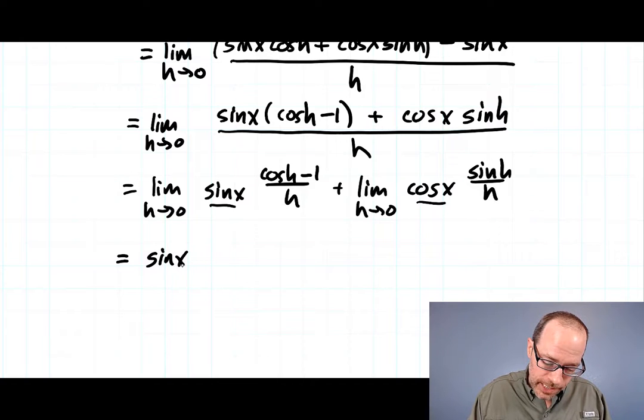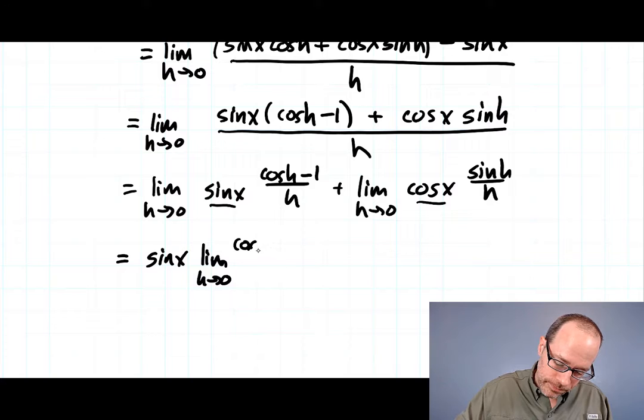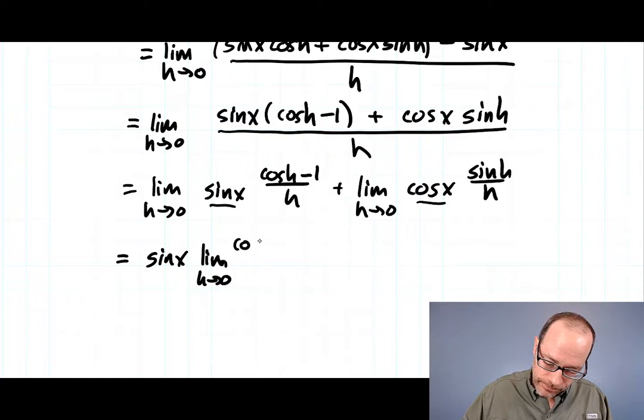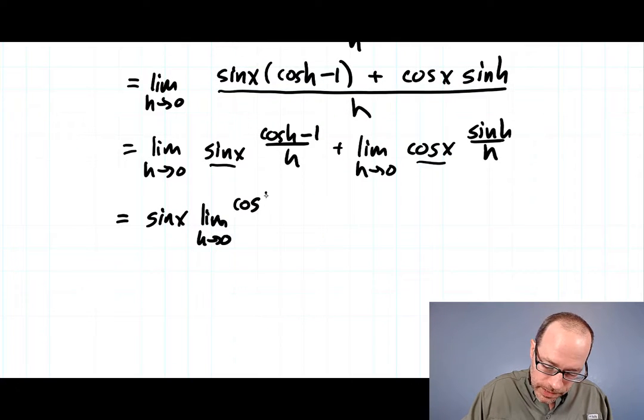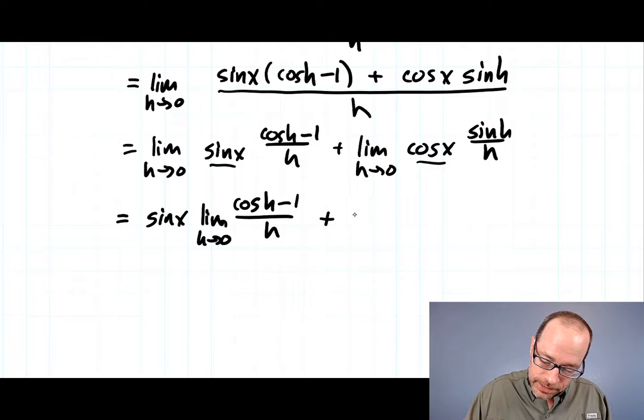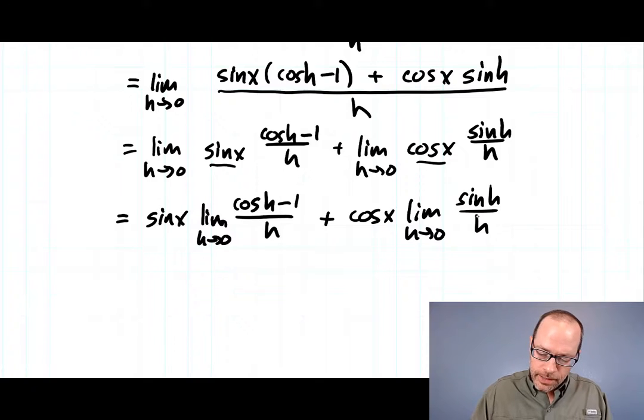So that'll be sine x, limit as h goes to 0 of cosine h minus 1 all over h, plus cosine x, limit as h goes to 0 of sine h over h.